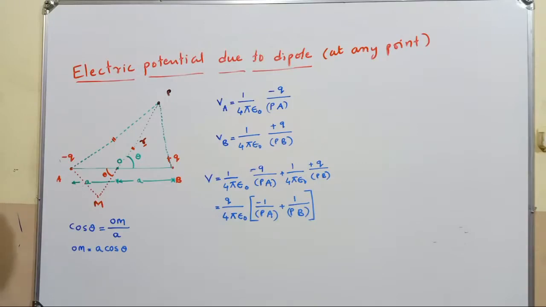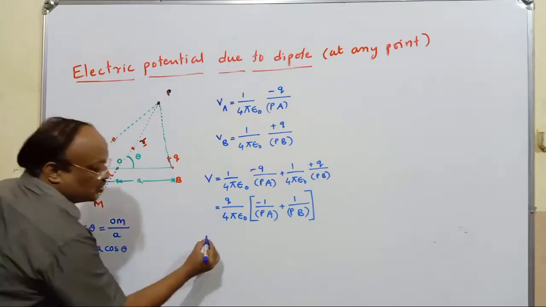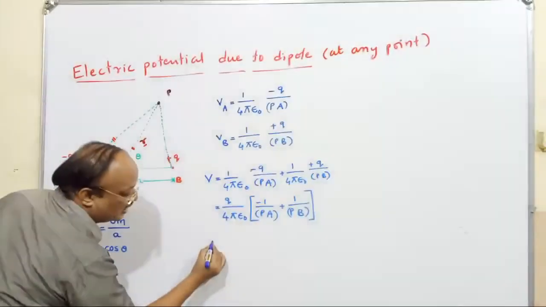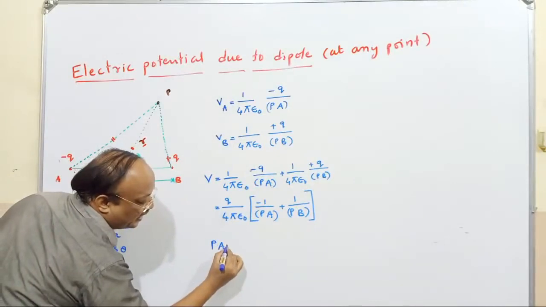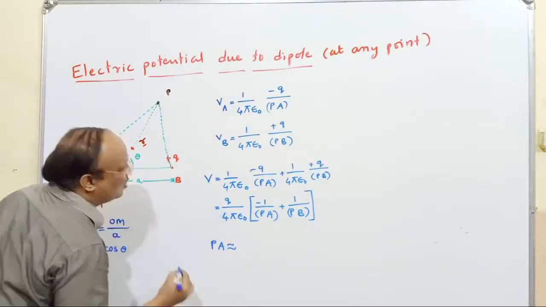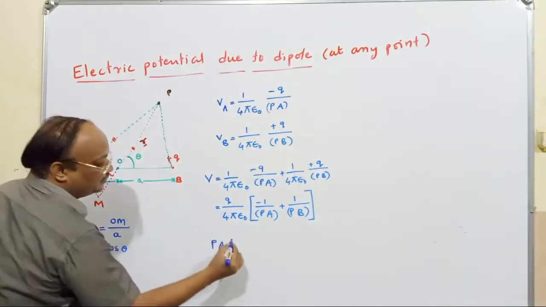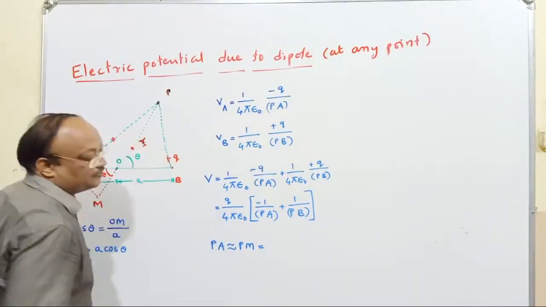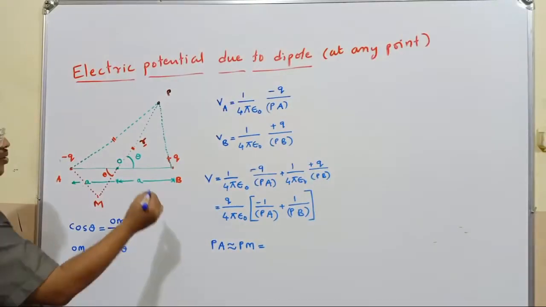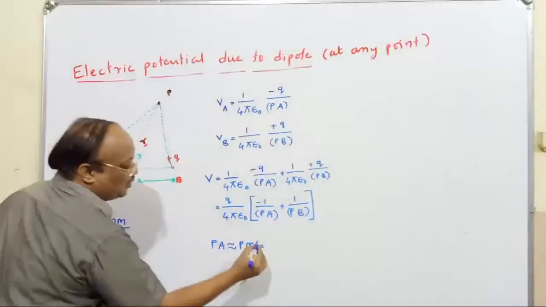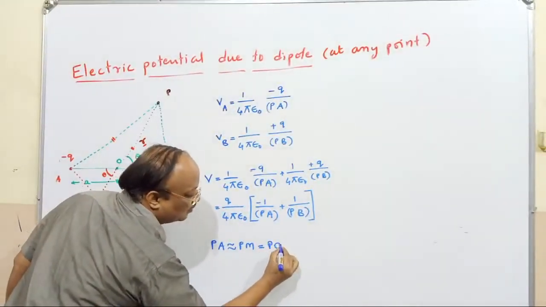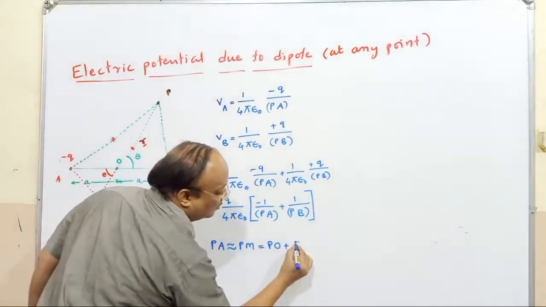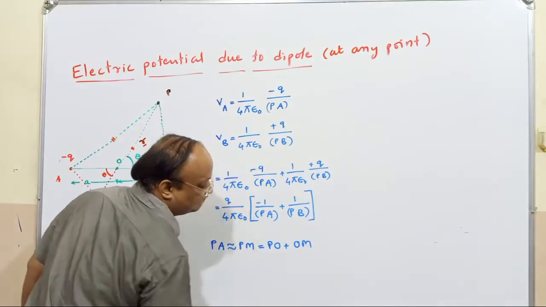So PA is approximately equal to PM, and what is PM? It is PO plus OM.